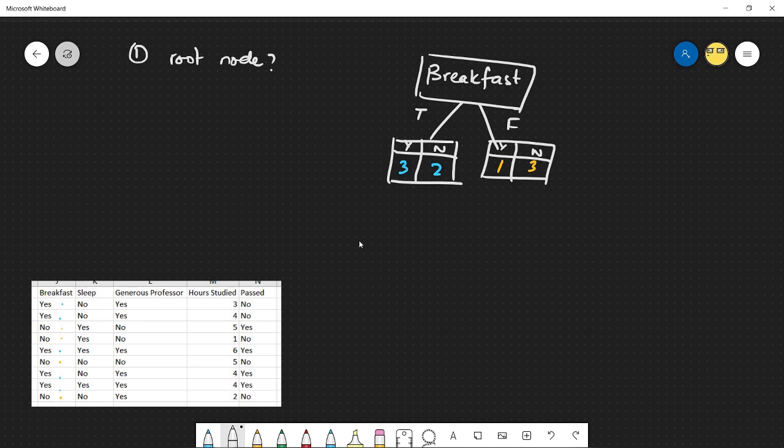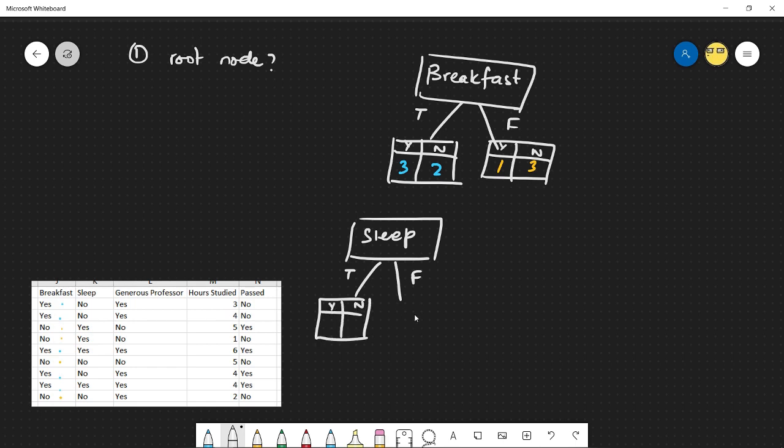Let's make another decision tree based on sleep, and then another one based on professor. For sleep, these are categorical, so true or false. True just means yes, false means no, and again we count how many students passed or did not pass. When sleep was true, 4 in total, 3 passed and 1 failed.